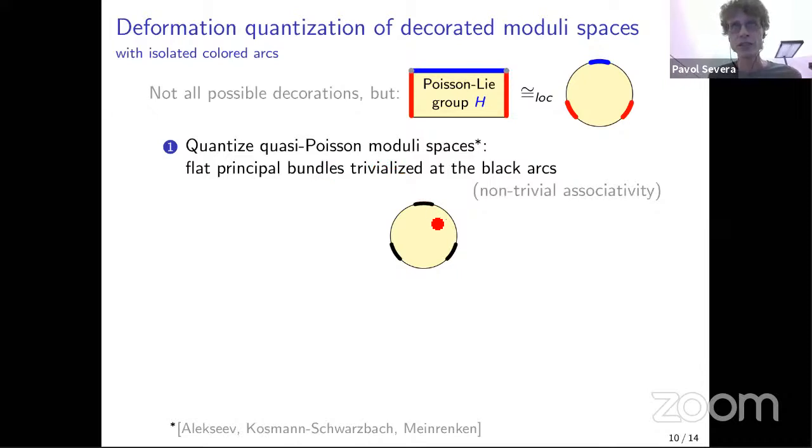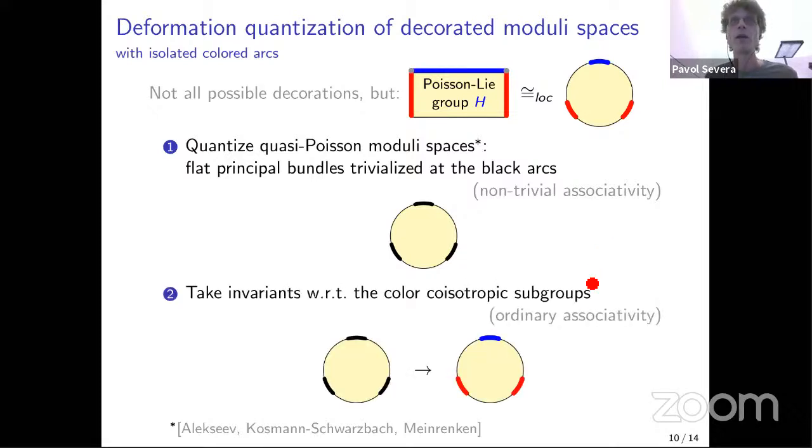Now, since these are not Poisson manifolds, we cannot possibly quantize them to associative algebras in the ordinary sense. But there is a way to do it anyway. The associativity will become non-trivial. So we'll quantize it into algebras in some suitable braided monoidal category. And then if we want to come back to our nice Poisson moduli spaces, what should we do?